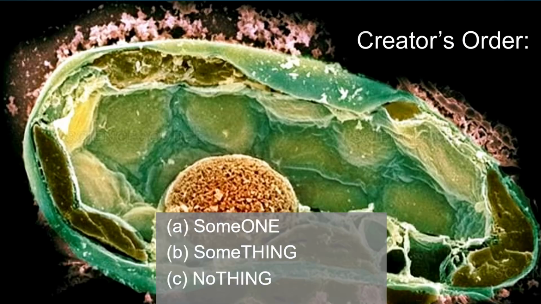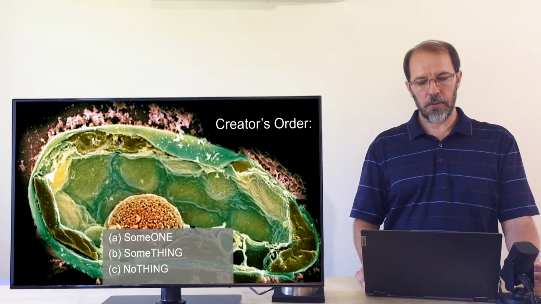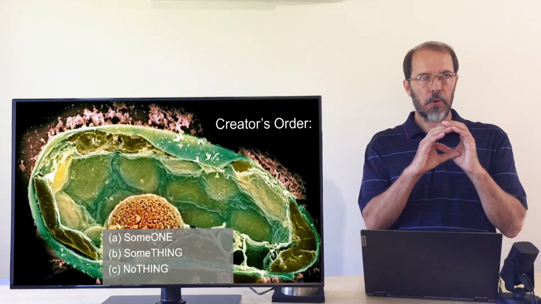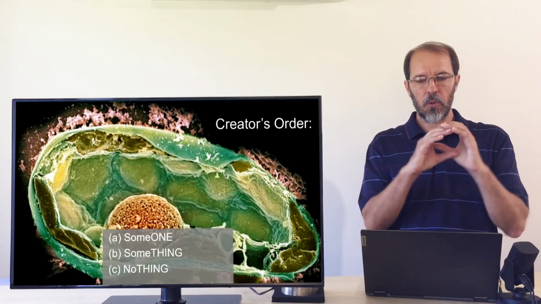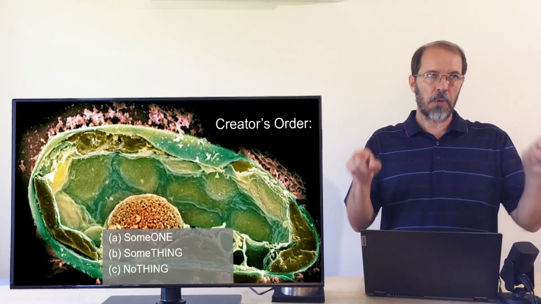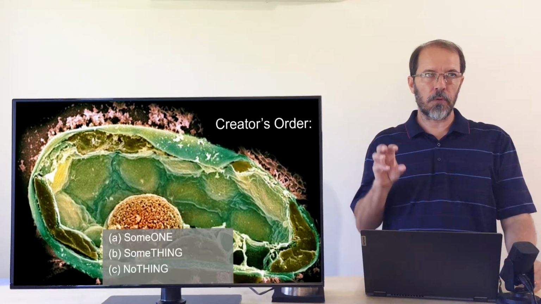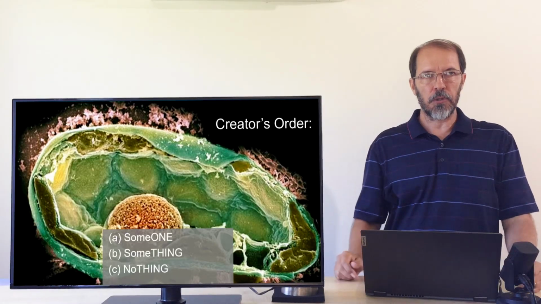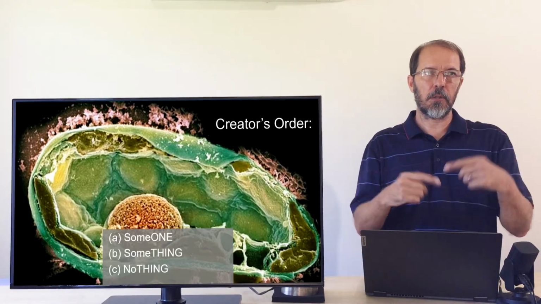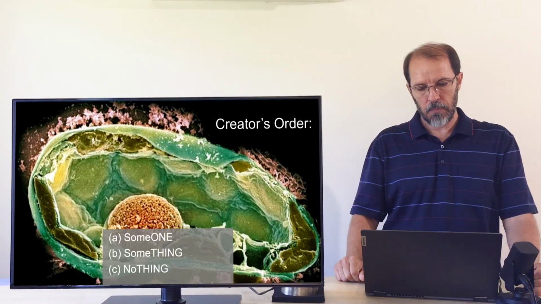And how about the cell? What was the cause of this super complex central library? What was the cause of the outer membrane? What was the cause of these factories, these communication systems, signaling pathways?